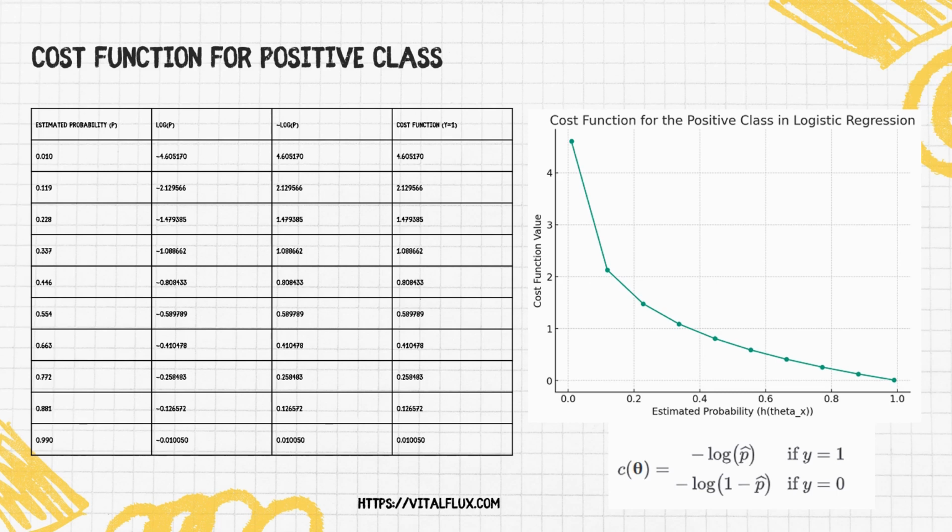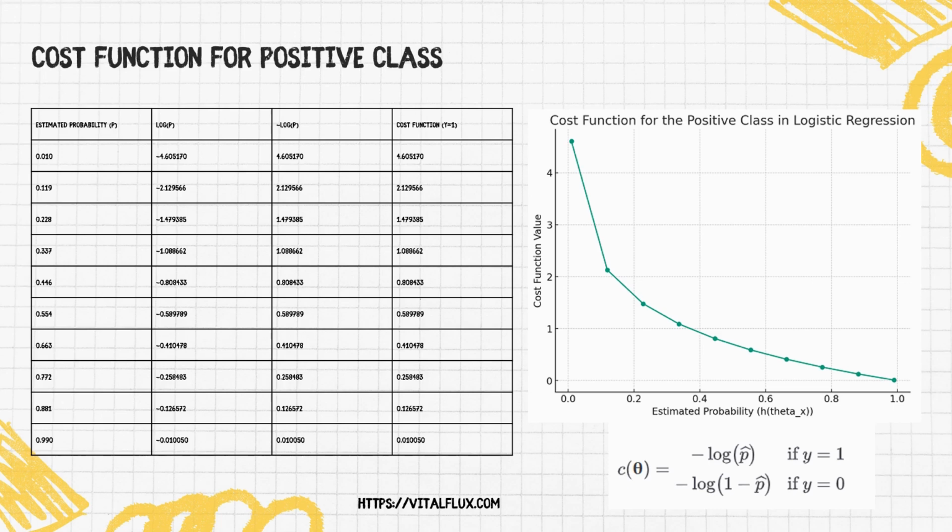But as we continue to move on to a higher estimated probability value closer to 1, the cost function value will actually reduce and become very close to 0. So this is what it is.